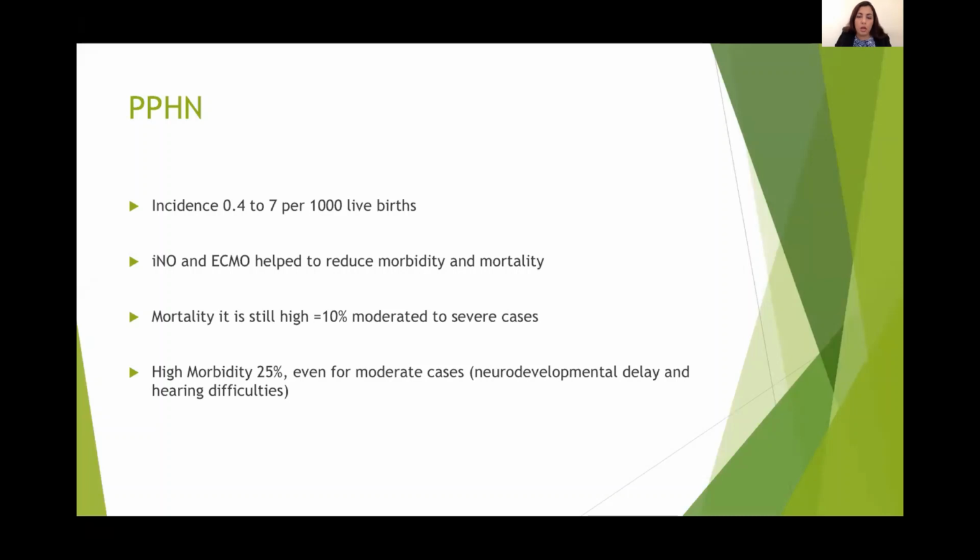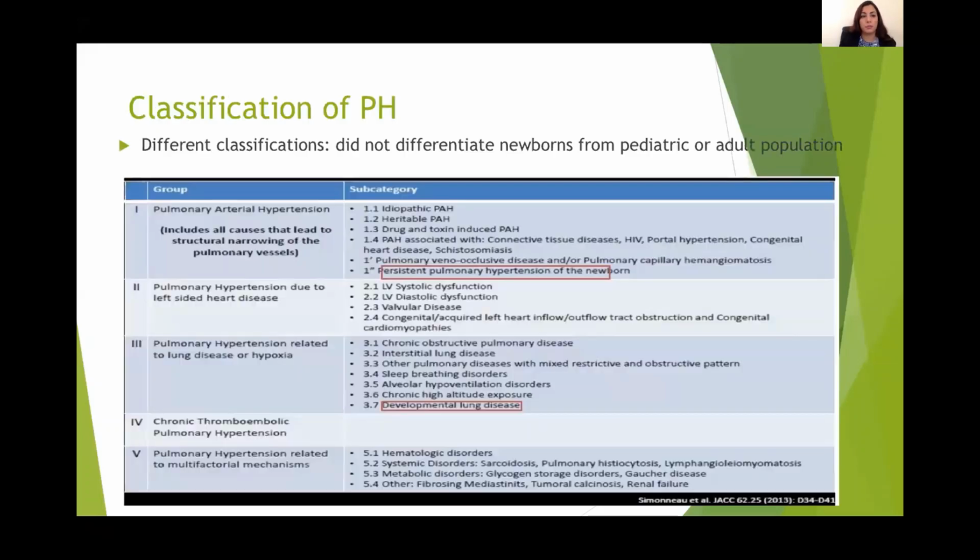Since we had iNO and ECMO, it really helped to reduce morbidity and mortality, but mortality is still high, around 10% for moderate to severe cases. Morbidity is also high, around 25% even for moderate cases, not only severe cases, with neurodevelopmental delay or hearing difficulties.